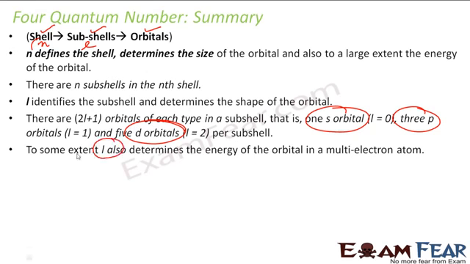L also determines the energy of electron in a multi-electron atom. The rules are complex, but for our understanding we can say that n plus L will determine the energy of an orbital. The one with the higher value of n plus L will have higher energy.